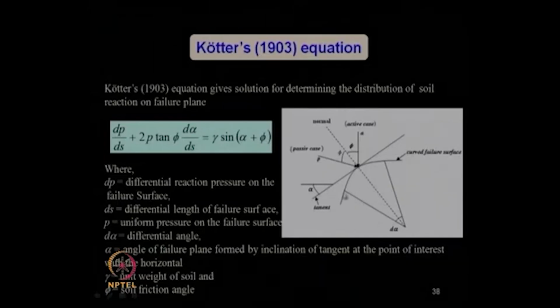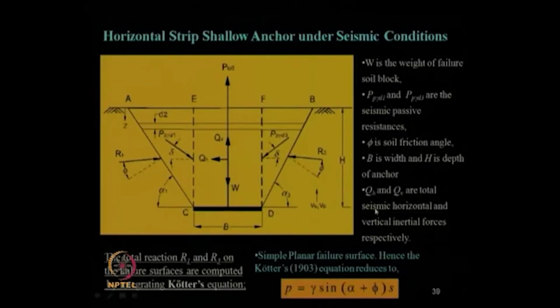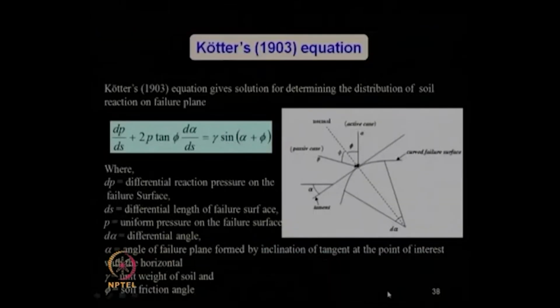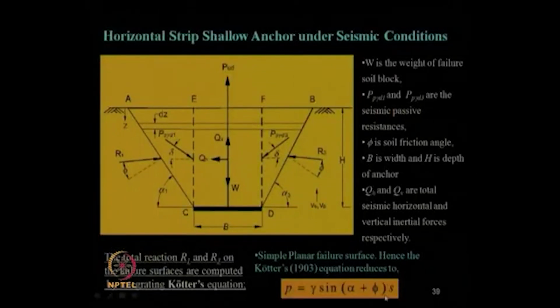So, if somebody wants to use a planar failure surface, it needs to be modified. For a simple planar failure surface, the equation simplifies, because the term involving d alpha by ds will not be there, as there is no variation of alpha. So, you will get dp/ds = gamma sin(alpha + phi).